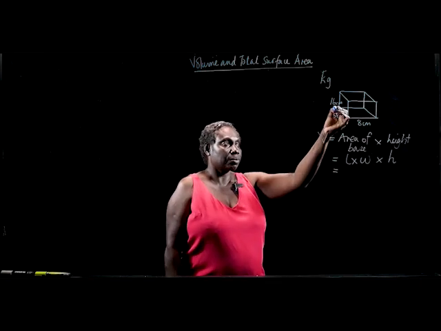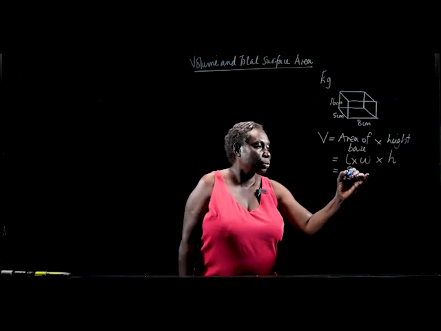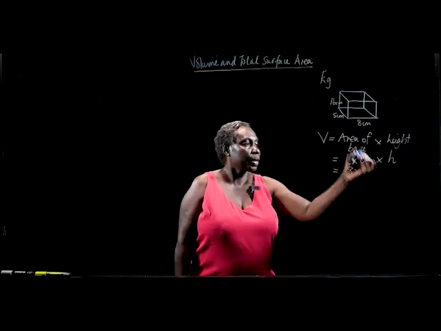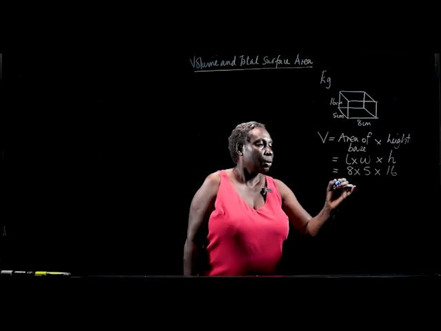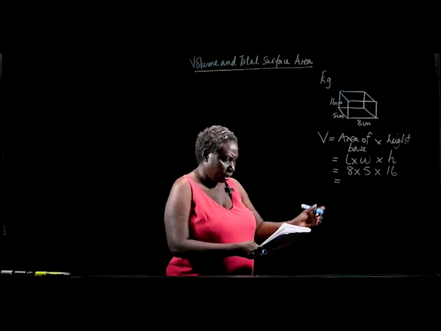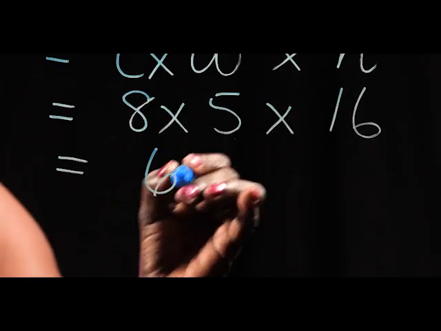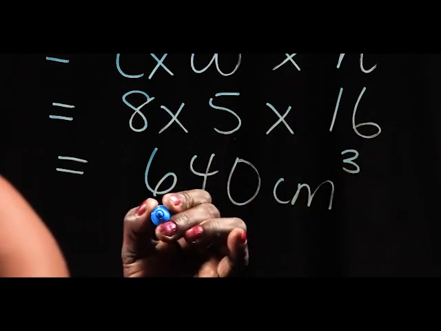Now, we are going to substitute these values into the formula. Our length is 8, so we have 8 times width is 5 multiplied by the height, which is 16. Now, that gives us a total of 640 cubic centimeters.